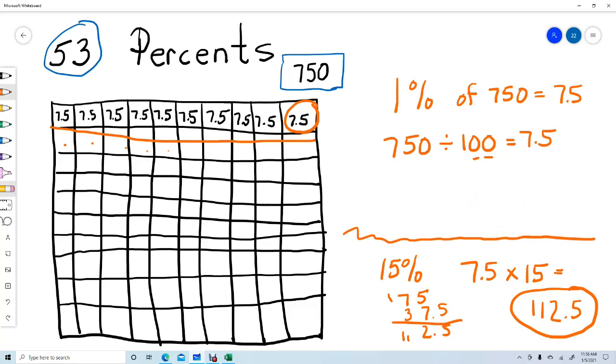If we're dealing with percentages, we're dealing with divided by 100. 862 divided by 100, well, that's 8.62, okay, and so forth. Once we have our 1%, then we multiply that by the larger percent that they're looking for. So if I wanted to find 40% of 862, I would take 8.62 and multiply it by 40.